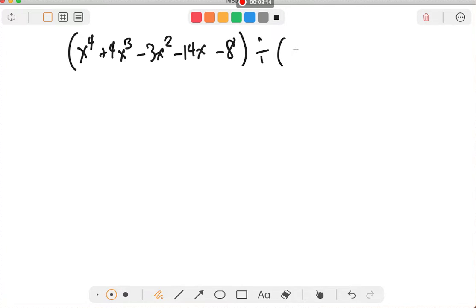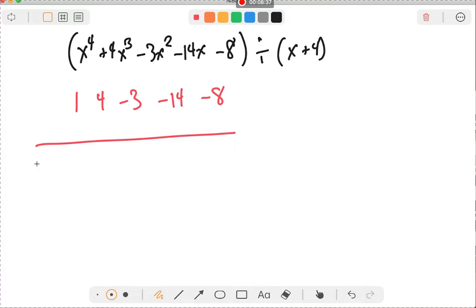So let's try x plus 4. So we'll do 1, 4, -3, -14, -8. And we'll make this a minus 4 here, because again, we're taking the opposite of this, because instead of subtracting, we're going to do adding. Now pause the video, try this out yourself, come back and see if you get the same answer I'm going to get.